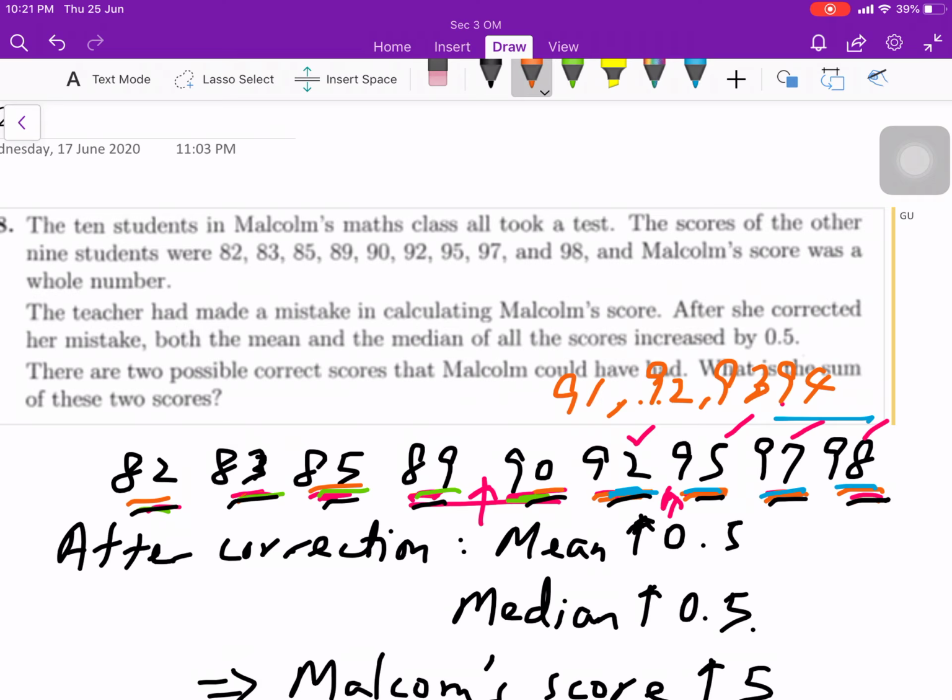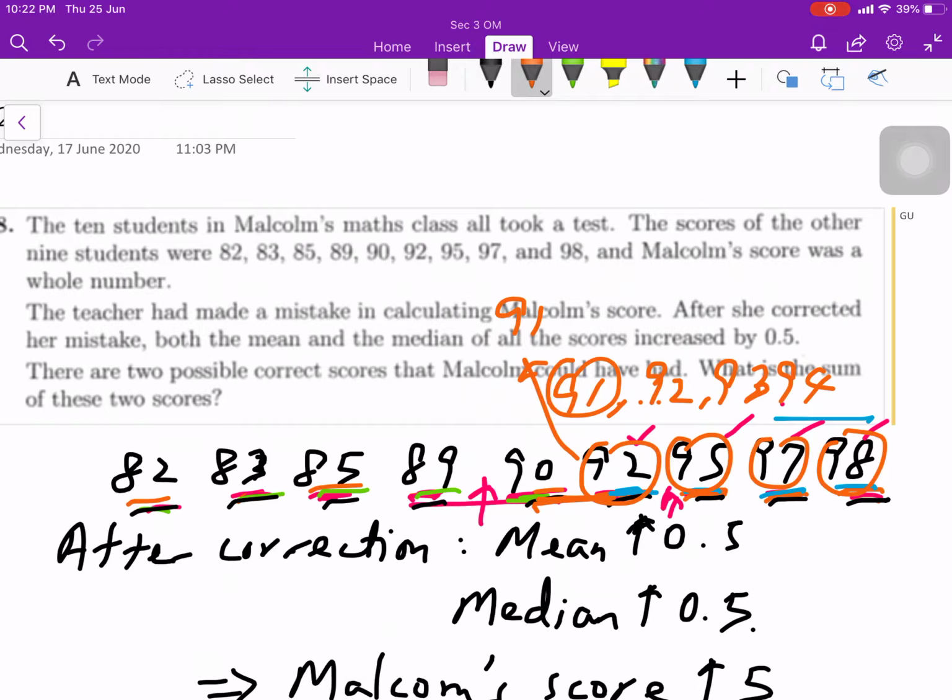Then in this case, can you see that your median is actually what? 92 plus this number, plus this number, plus this number, plus this number. Therefore, the median becomes 91. Or, no, the median will definitely be more than 90.